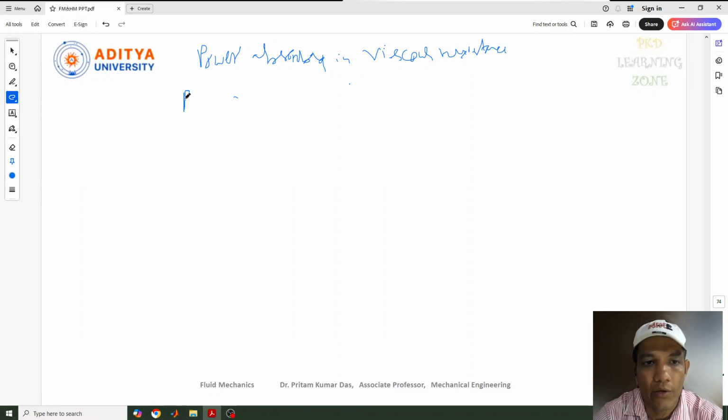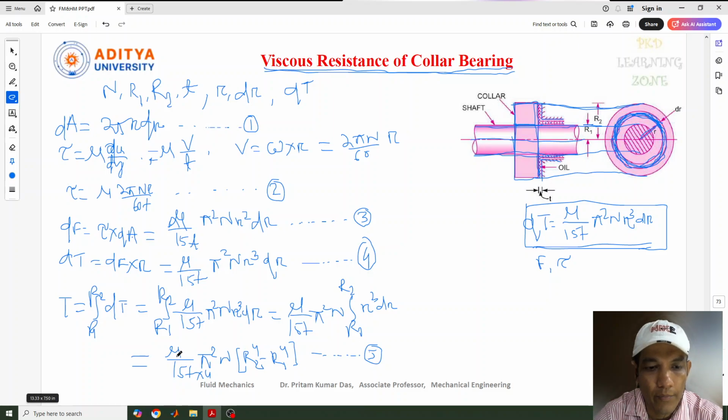Now we know that P equal to 2 pi nt by 60. So we got the value of t already, so just put the value of t here. That means nothing but 2 pi n. So for the t, mu by 15t or mu by 60t pi square n.